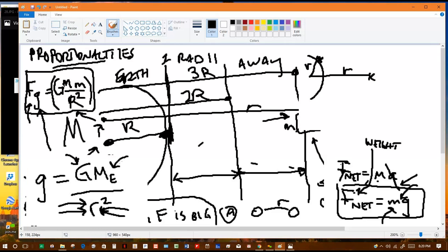So if you plug the radius of the Earth in right here, mass of the Earth right here, G right here, guess what number is going to pop out of this equation? That should be the value for what gravity is here on the surface of the Earth. 9.8 pops out of that equation, sure enough. And when we do experiments to find out what it is, it's exactly that number, 9.8. It's proof that his equation is perfectly correct.